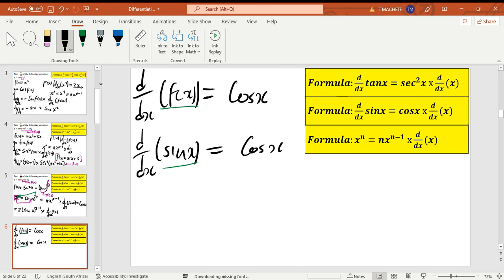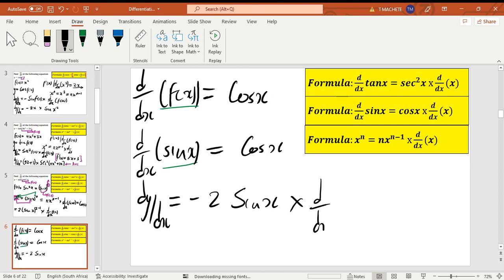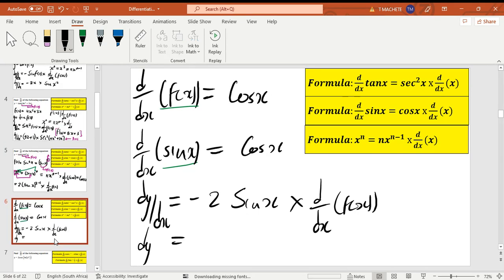So when you put it back to the original formula, you'll get dy over dx equals minus 2 sine x multiplied by your d over dx of f of x, which gives you minus 2 sine x multiplied by cos x.